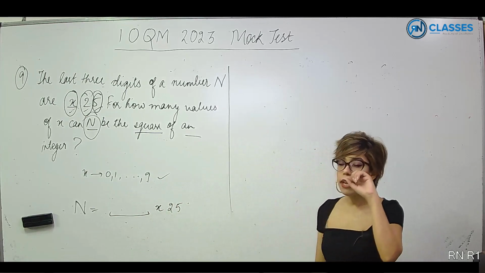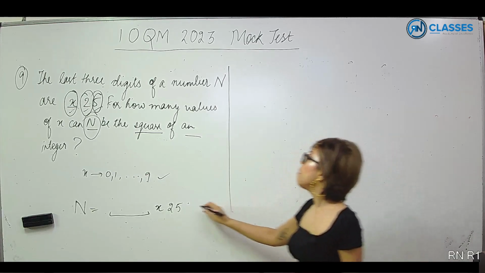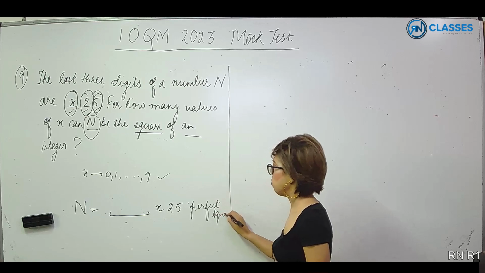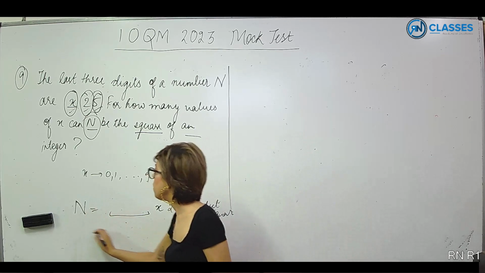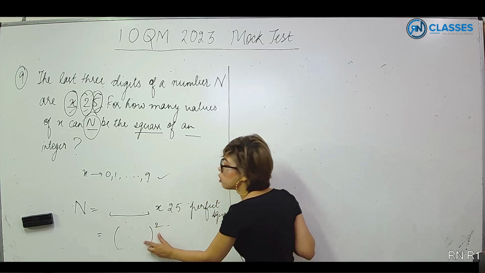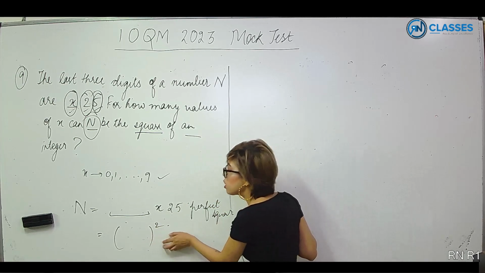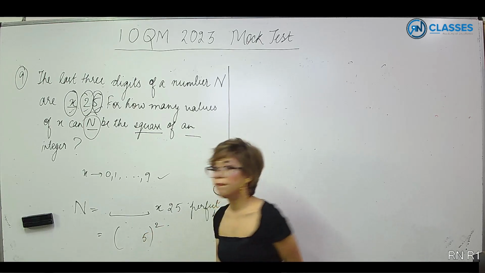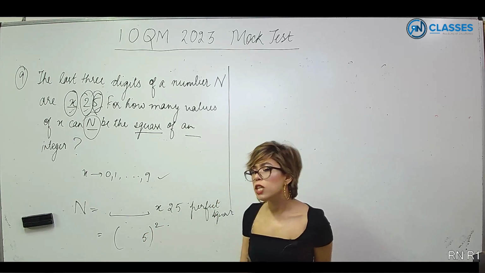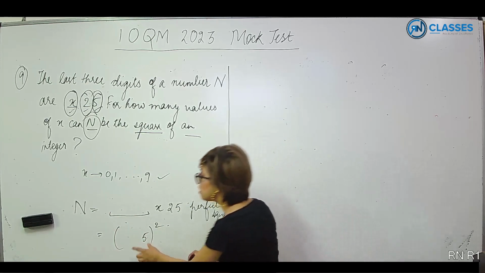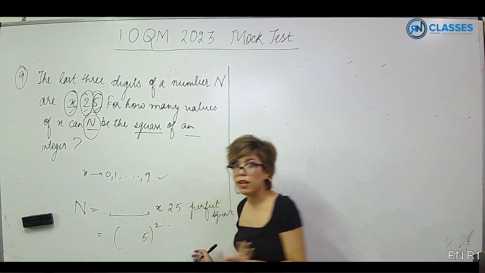Right? Now, mind it, if I want this to be a perfect square, that means it will be a perfect square of something. I know the last digit of this number. Since the square ends in 2, 5, obviously the last digit of the root is 5. Cool. Now the question is why I am going from this to this. Right? Because the square will ascertain the third digit, right?